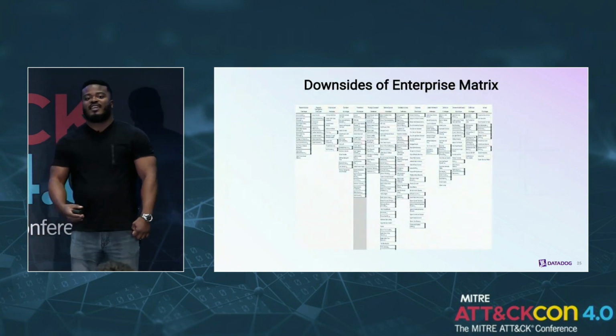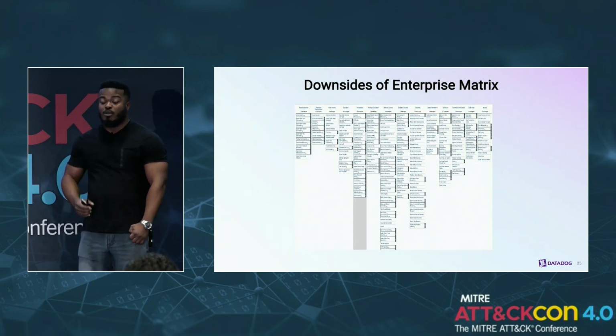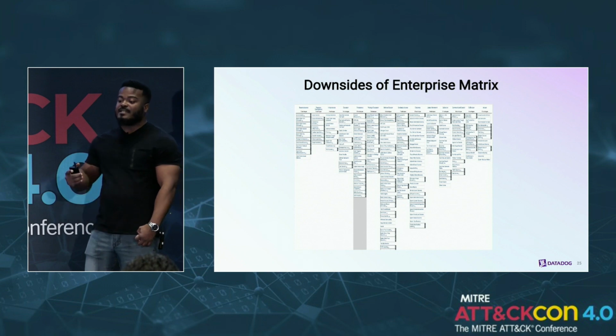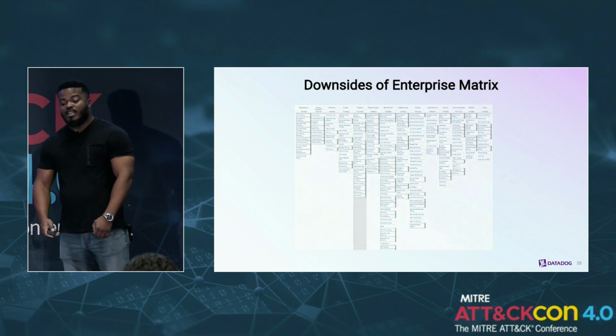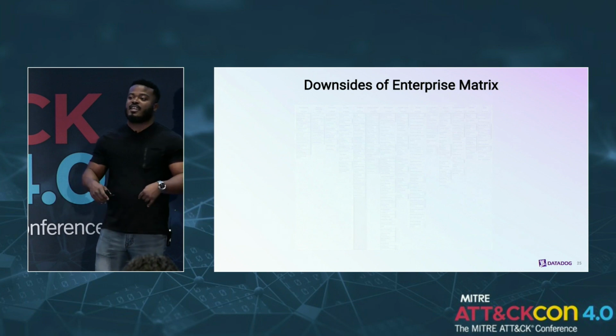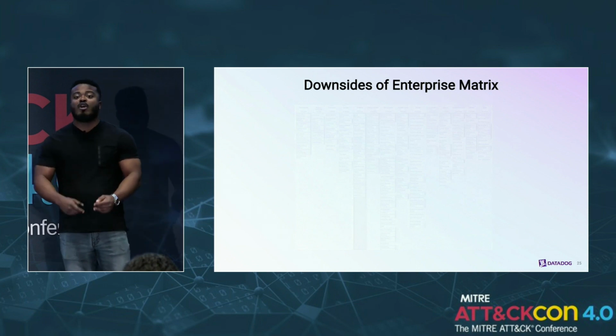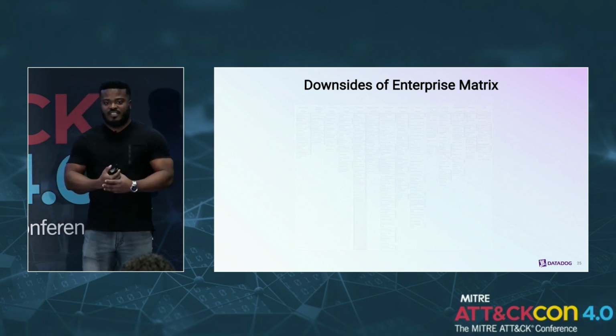The problem with that is the only way for you to know for sure is you would potentially have to crawl the entire enterprise matrix in order to validate that coverage. That can be a bit of a challenge, right? Especially when we look at some of these developers who are actually migrating to and deploying cloud native detections.